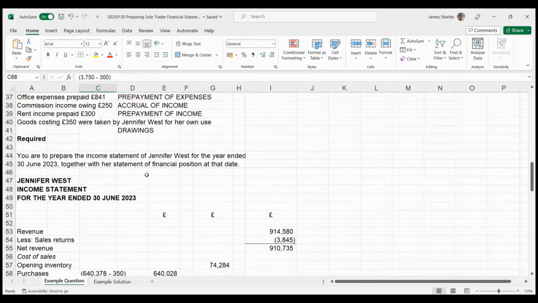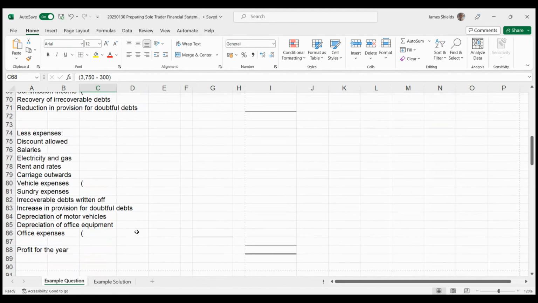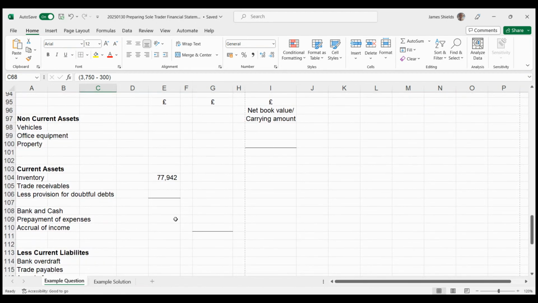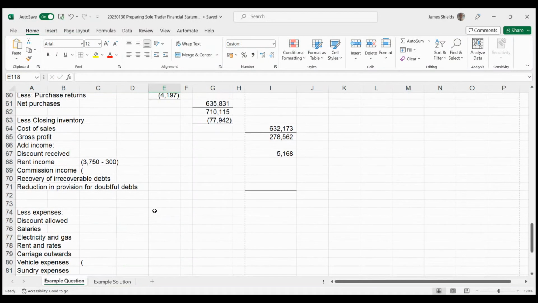Now I can mention that in one moment. If it's paid in advance at £300, it's prepayment of income, and that goes in the statement of financial position. So prepayment of income. Here we go, and it's £300. So I've done with that £300 now, so I can highlight that.